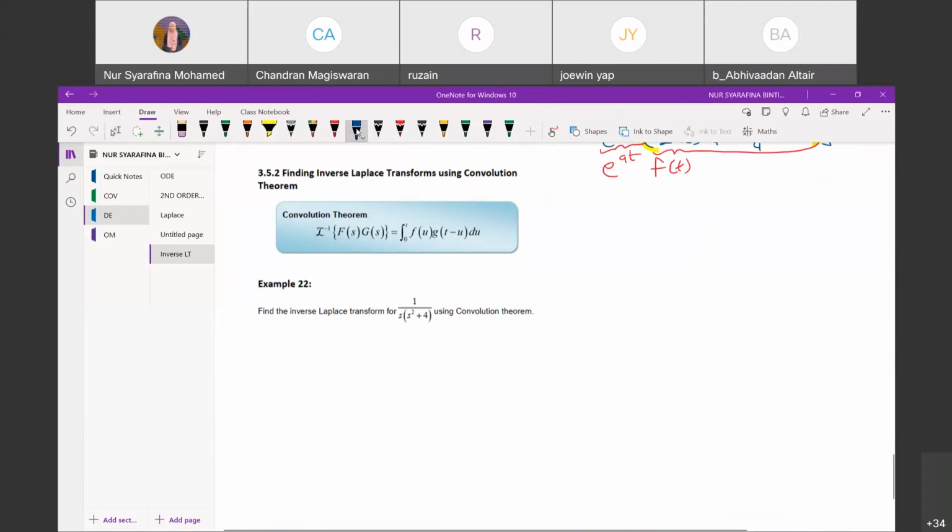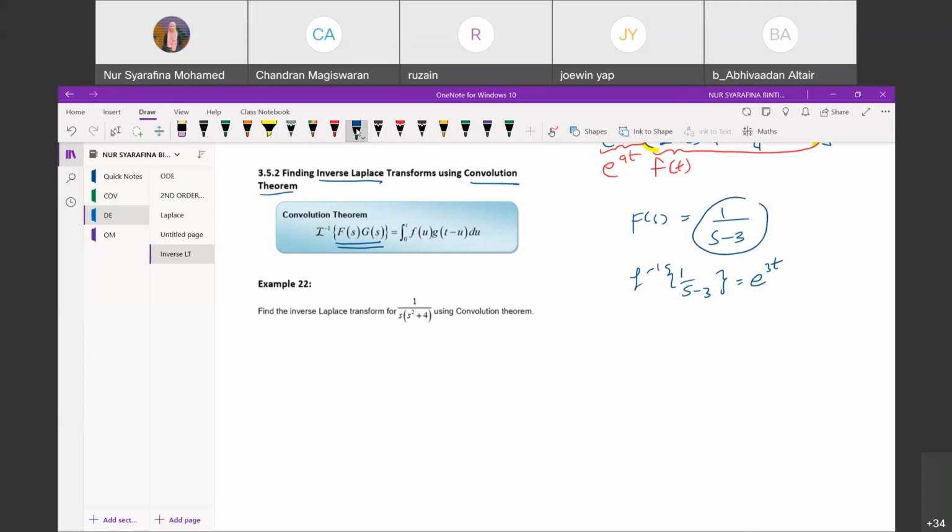Before this, we just had F(s), let's say F(s) equals 1 over s minus 3. Then the inverse transform of F(s) is e to the power of 3t based on the table of transformation directly. Now this convolution theorem can be used to find the inverse transform, but only for the combination of two functions.